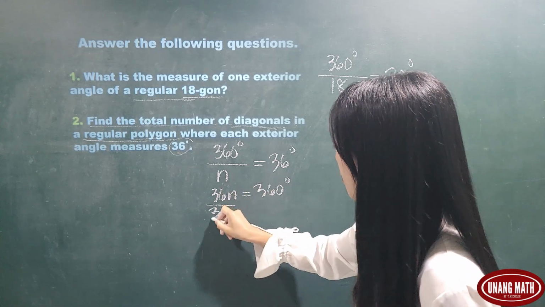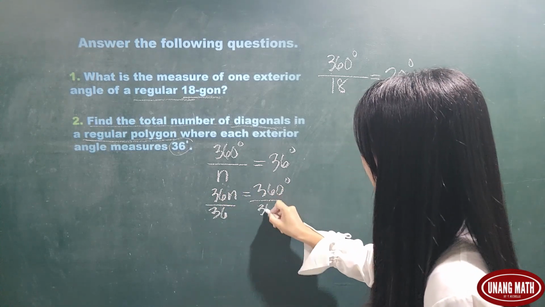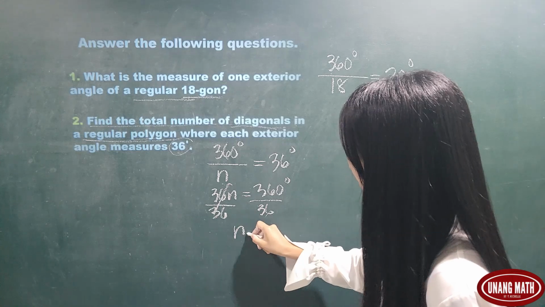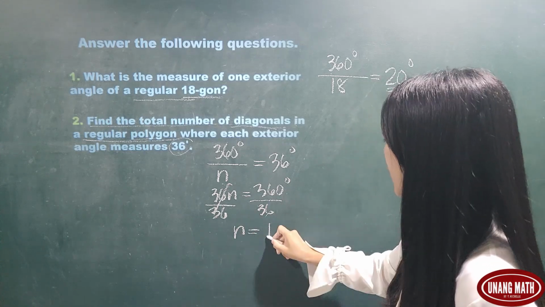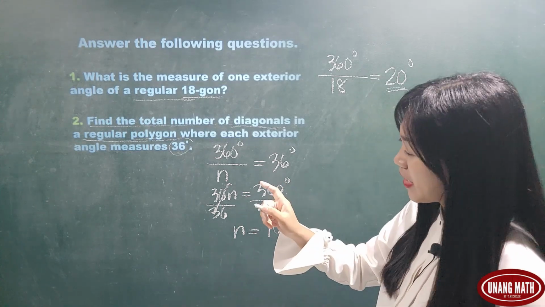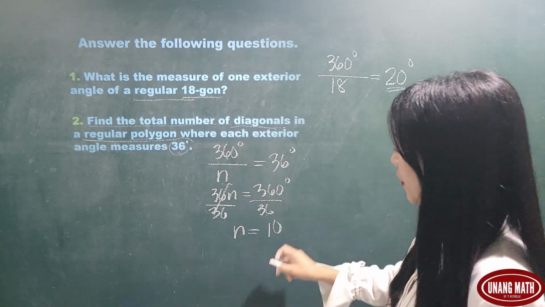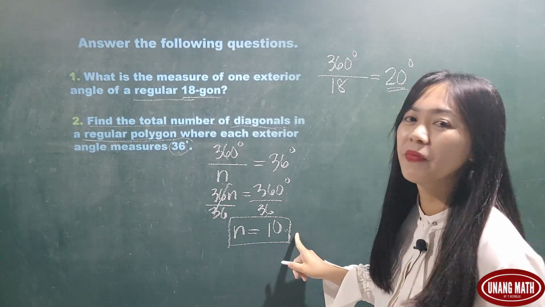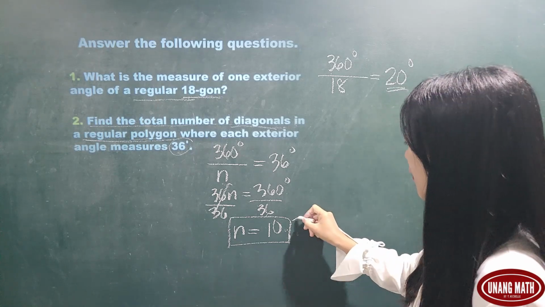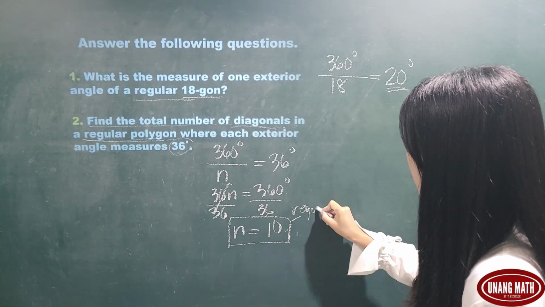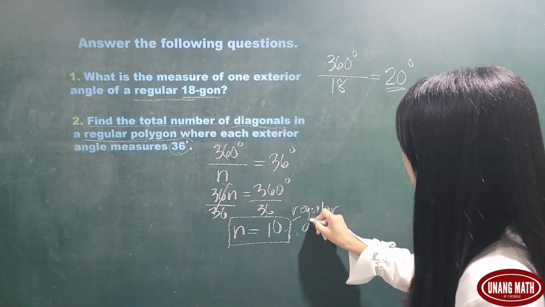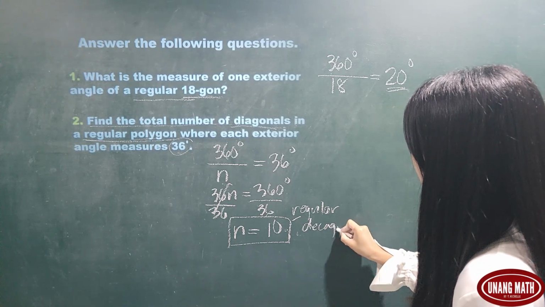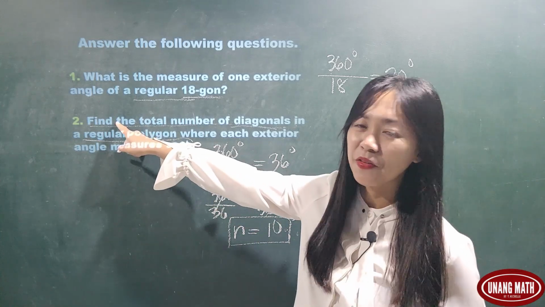Divide both sides by 36. Then n is equal to 10. So this regular polygon has 10 vertices, or this is what we call a regular decagon.